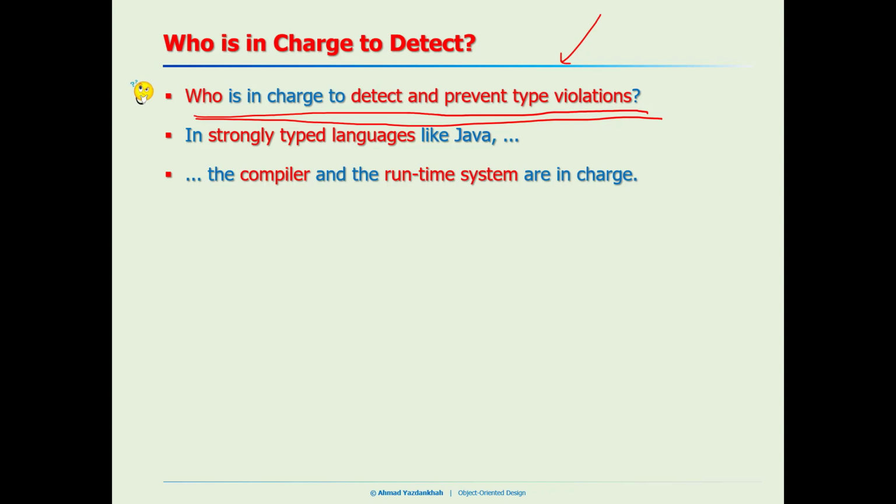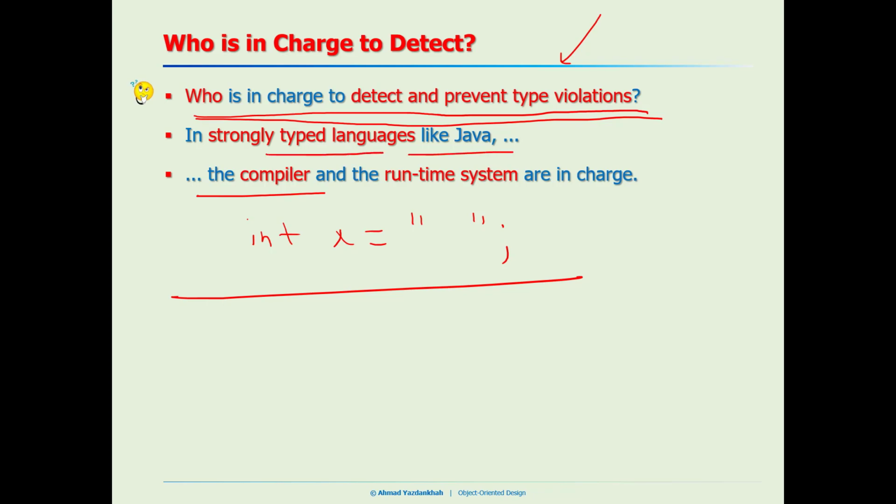The compiler will complain when you say int x equal to a string. The compiler won't let you go further, and that's the beauty of a language like Java, which is a typed language. It's based on the types. Types are very important in Java.